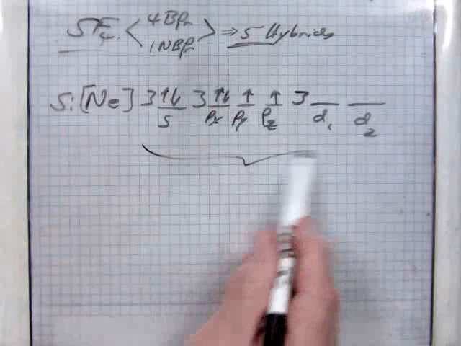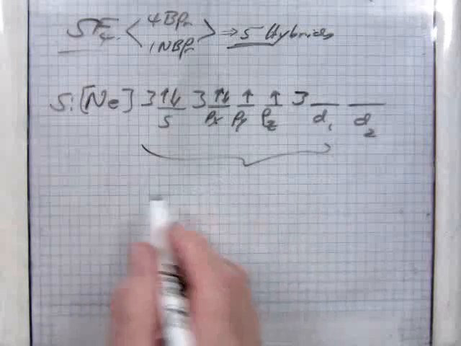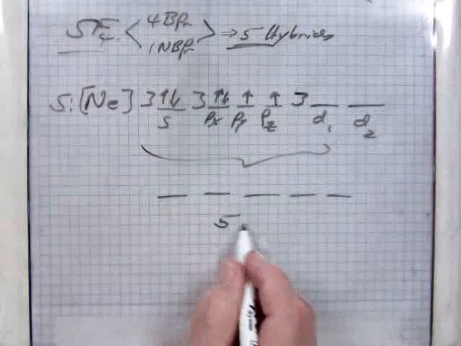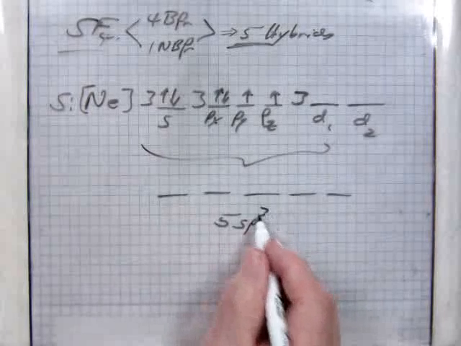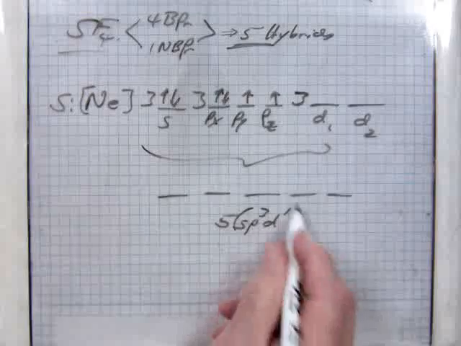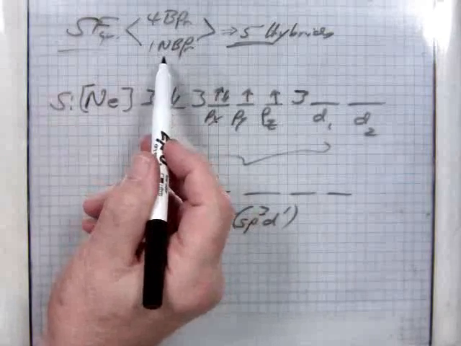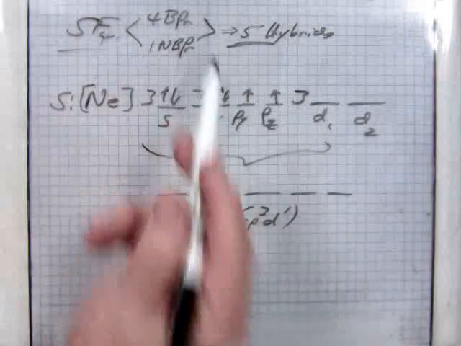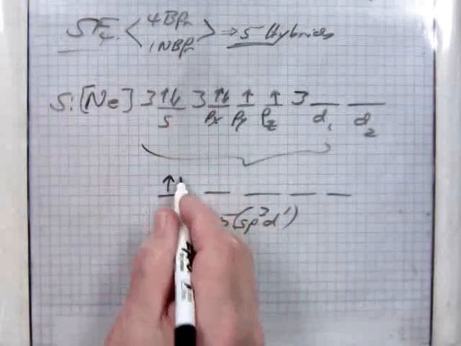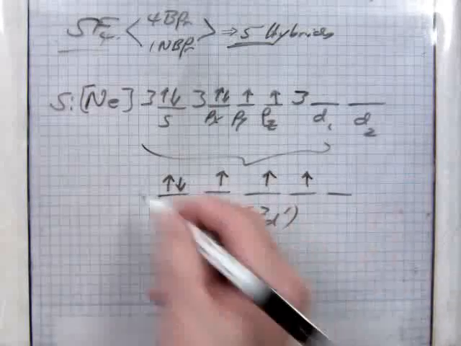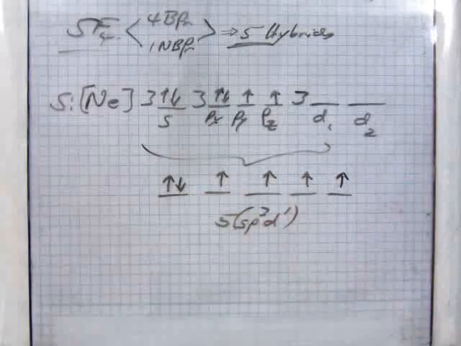So using 1, 2, 3, 4, 5 sp3d hybrids, and since one of the hybrids has to be a non-bonded pair, I'll go ahead and put it here, and then everything else is paramagnetic. Well, only the first one is diamagnetic.